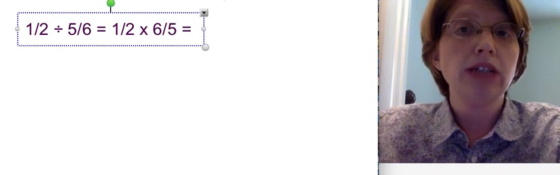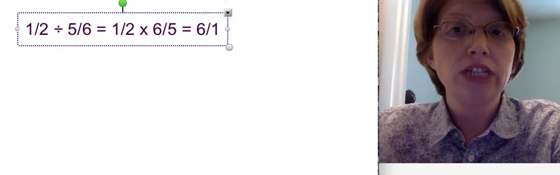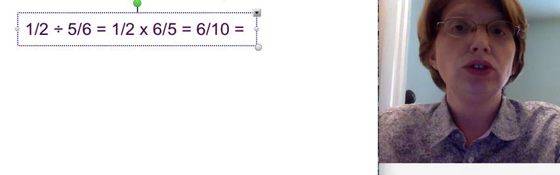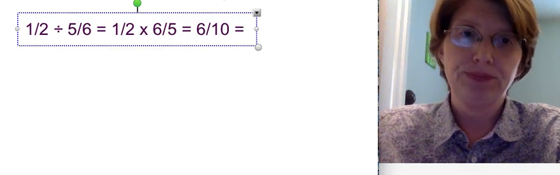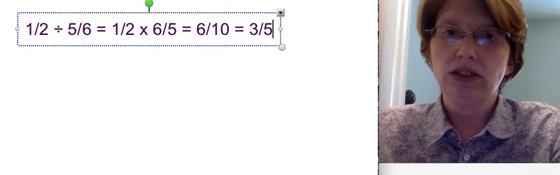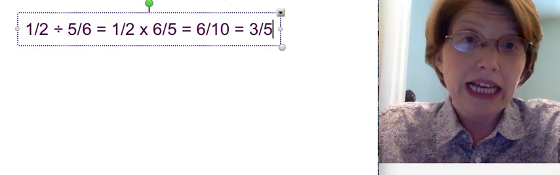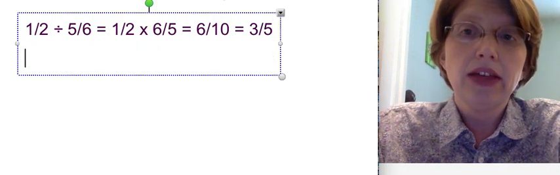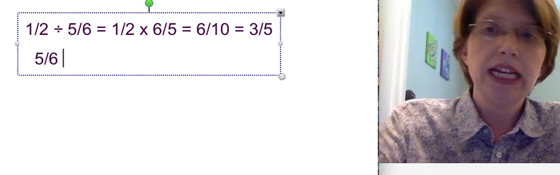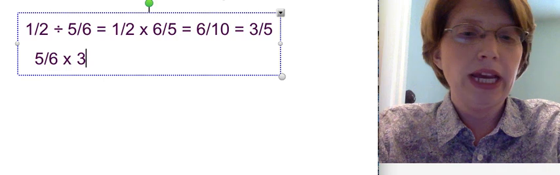I'm going to multiply straight across and get 6 over 10, which needs to be reduced to what? 3/5, right? Now, to check, I'm going to take that 3/5 and multiply times 5/6. I'm going to take the second number, 5/6 times 3/5.